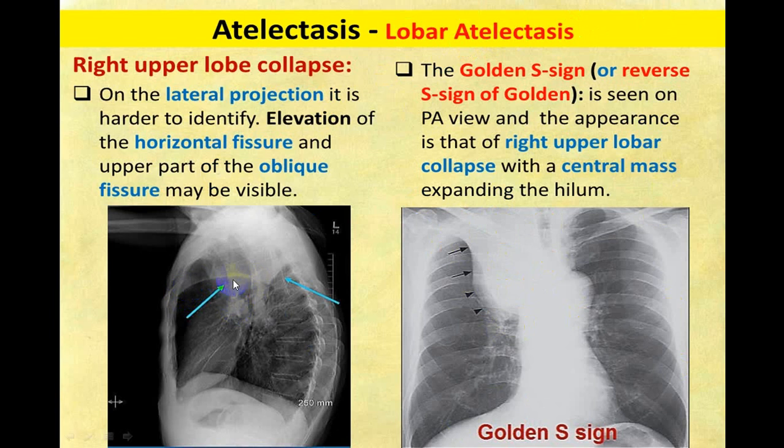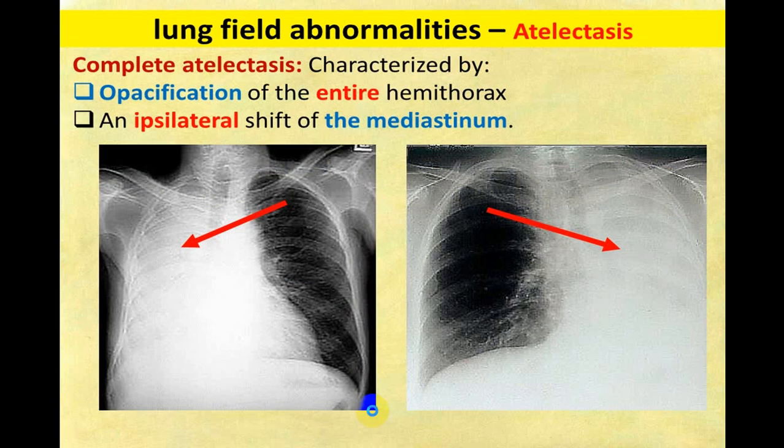Even hilum will be lifted up, and even the diaphragm may be lifted up, depending upon the severity of the collapse. So that is a typical sign which is given a name, Golden S sign, or they use the word reverse S sign of Golden. S is reversed, so it is called Golden S sign.